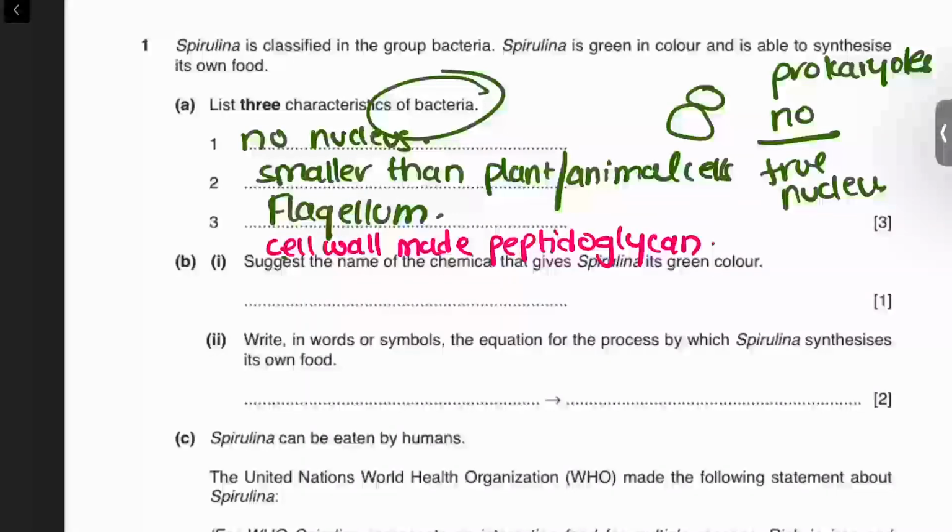In a bacterium, it's made out of peptidoglycan. Murein and peptidoglycan, you can use them interchangeably. The textbook or the marking scheme will say murein or peptidoglycan. Both are acceptable.